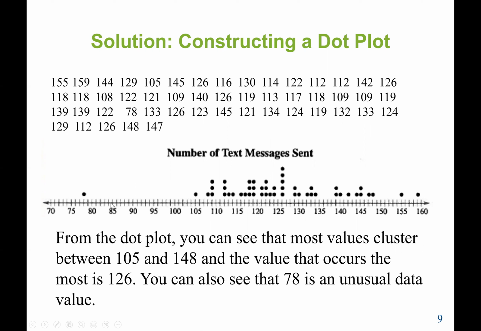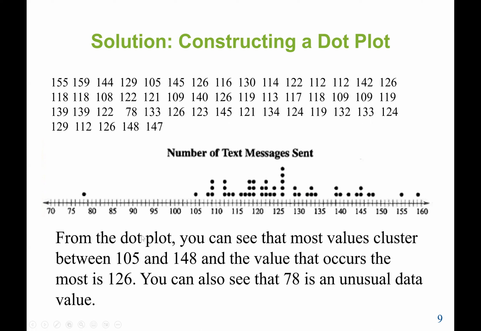Then we don't have any value up to 105. We have 1. Then on 110, we have 3. On 109, we have 1. So we plot all the dots under each value. For example, we have 160 and 159, which is also 1.